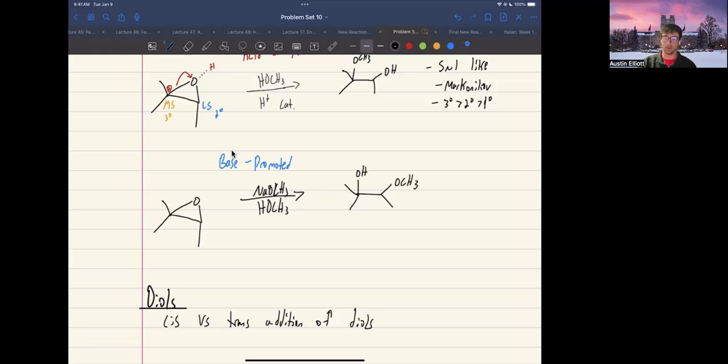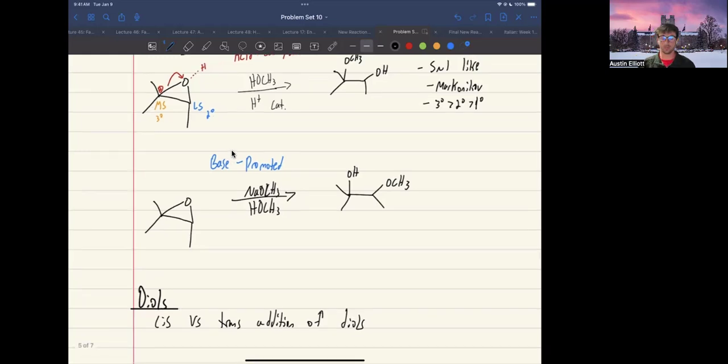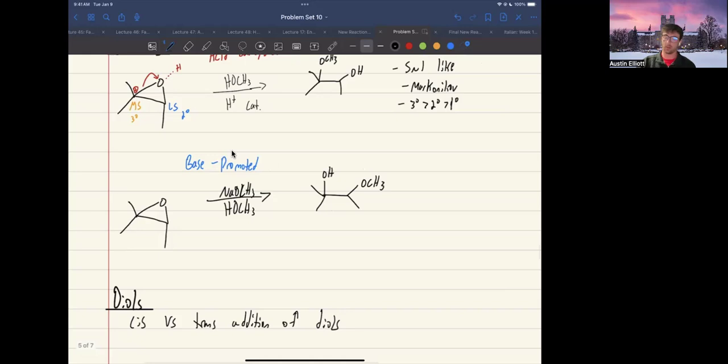The alcohol is going to go there, and then OCH3 is going to go where the alcohol was for the acid catalyzed one. So this one is more SN2-like, and in this case, 1 prime greater than 2 prime greater than 3 prime, and it kind of acts in an anti-Markovnikov way.